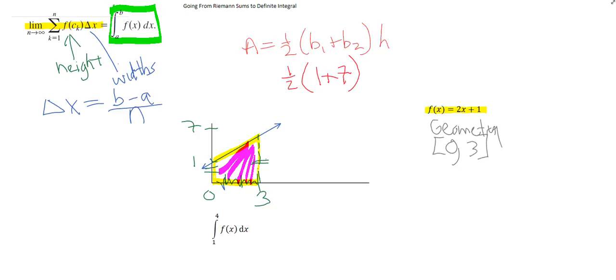So we have 8, half of 8 is 4, and 4 times 3 is 12. So the area underneath the curve is 12.